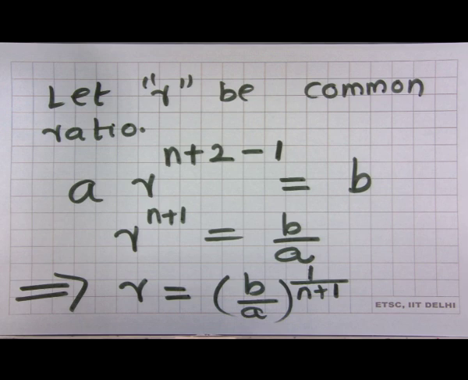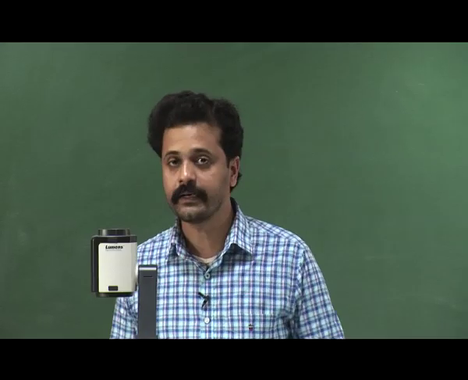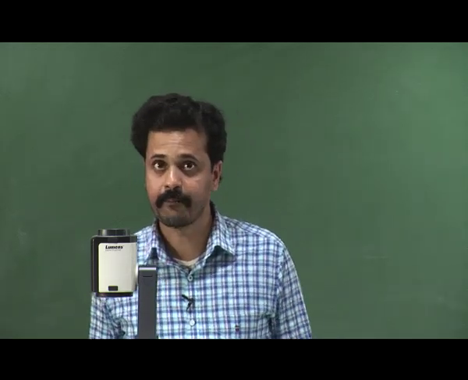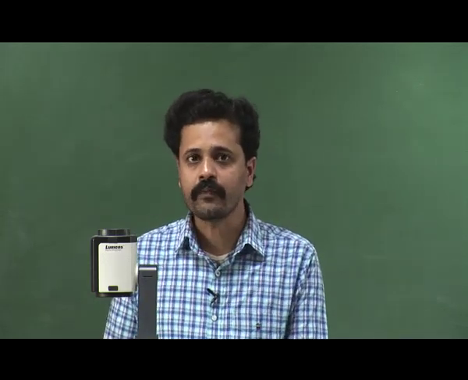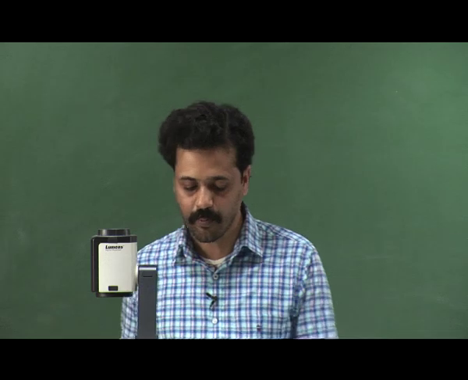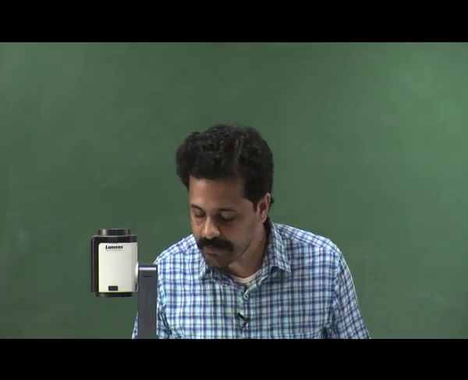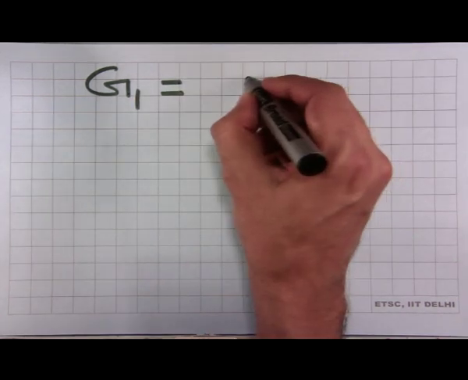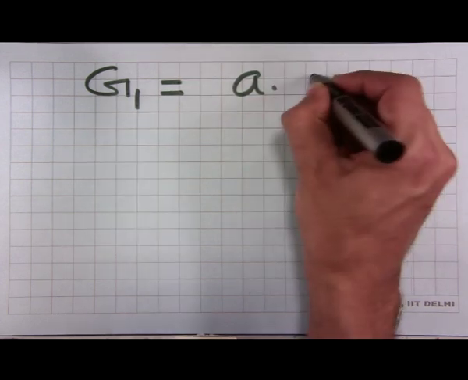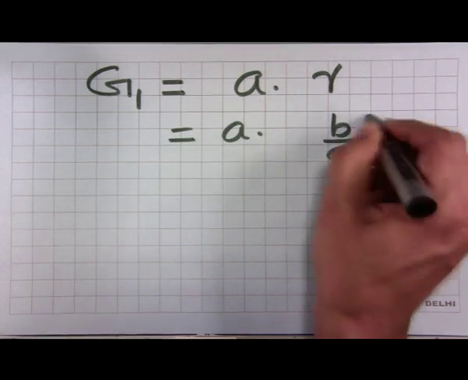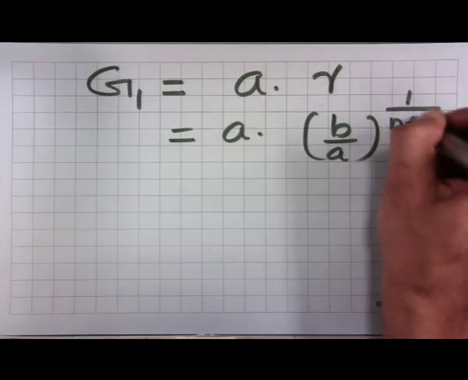Now we have the first term A and common ratio B by A power 1 by n plus 1. Once we have first term and common ratio, we can completely specify the geometric progression. Therefore, G1, being the second term of the geometric progression, will be A times the common ratio, which is A times B by A the whole power 1 by n plus 1.